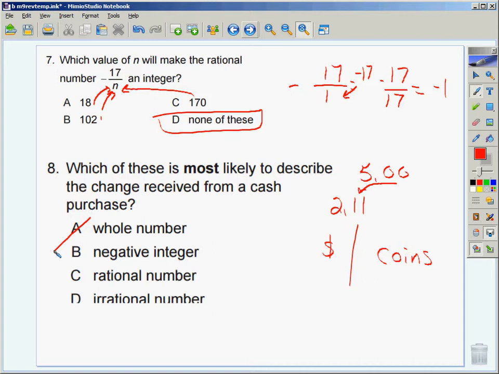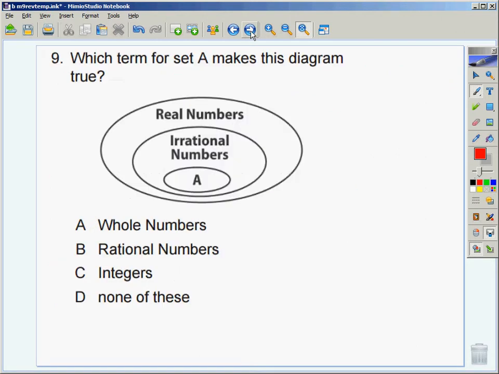So it's not likely that you're going to have something that comes out exactly $1. It's not going to be a whole number. There's no way they're going to take money away from you. It's not going to be negative. There's no way that they're going to give you the square root of 2 change back or pi change back. So most likely the outcome would be a rational number.